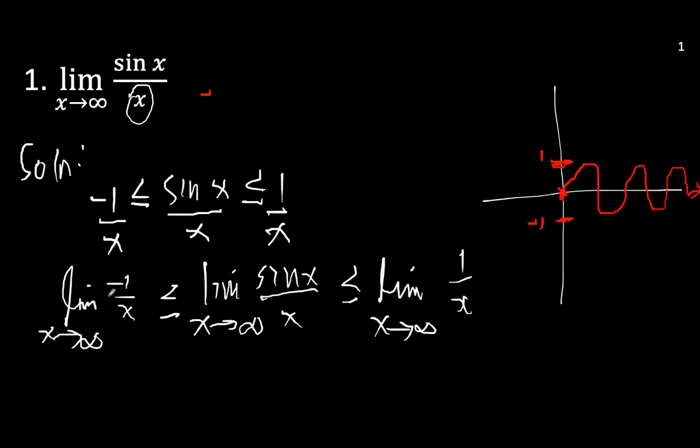So what is the limit of -1 over x as x approaches infinity? Since x is increasing without bound, it becomes bigger and bigger. So -1 over infinity is equal to 0.